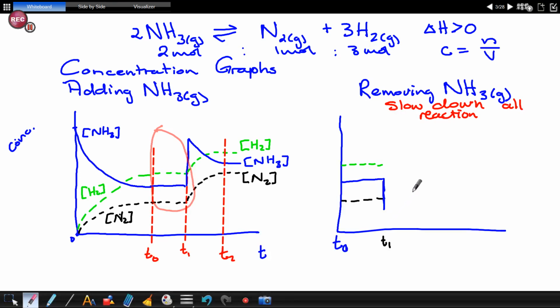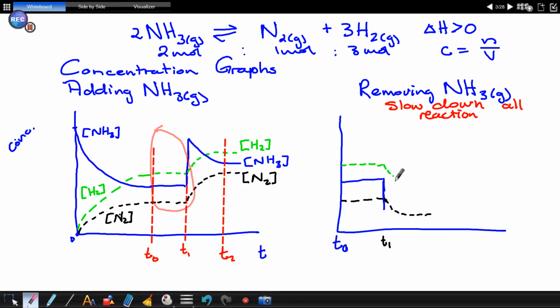What's going to happen to the concentration of nitrogen? It will definitely decrease. What's going to happen to the concentration of hydrogen?